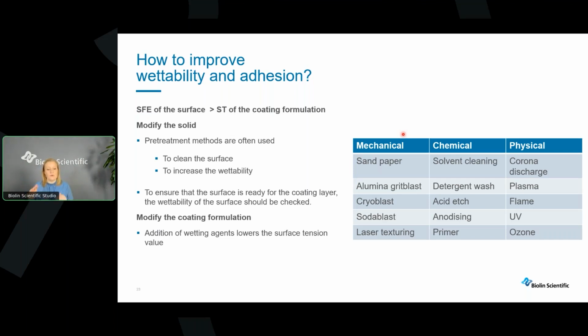So then you have two options. You either modify the solid by some sort of surface treatment method, or you modify your coating formulation, maybe by adding some wetting agents to lower the surface tension value of your formulation.